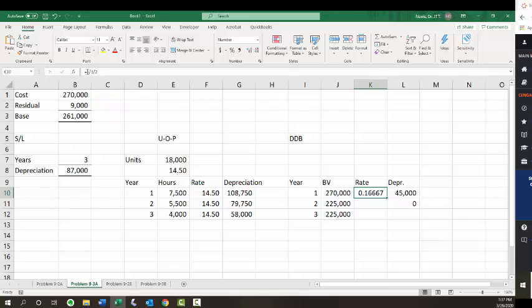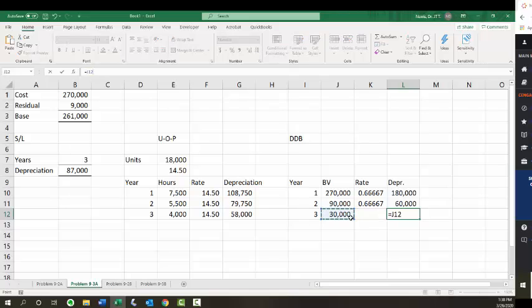Oops, times 2, not divided by 2. .6667 is the rate. And that gives us 180,000 for first year depreciation, 60,000 for second year depreciation, and we're going to depreciate it down to the 9,000 residual value, giving us 21,000 for year 3.